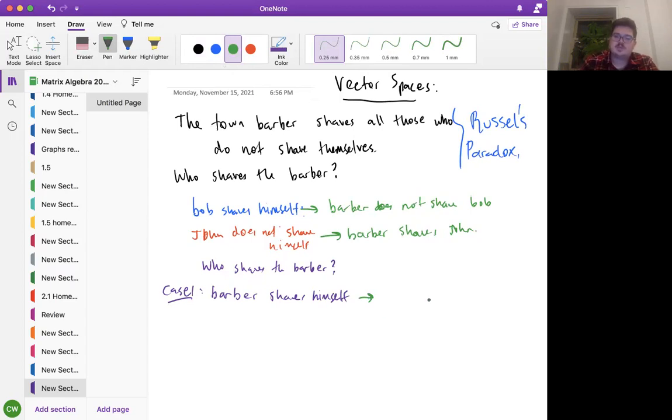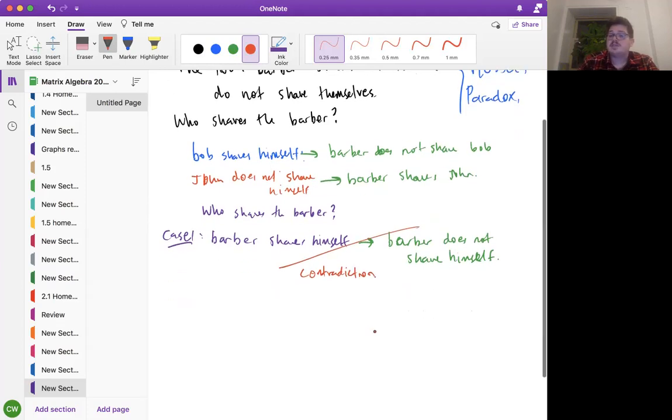If the barber shaves himself, the barber does not shave himself. That means this is a contradiction, right? So the only possibility is that the barber does not shave himself.